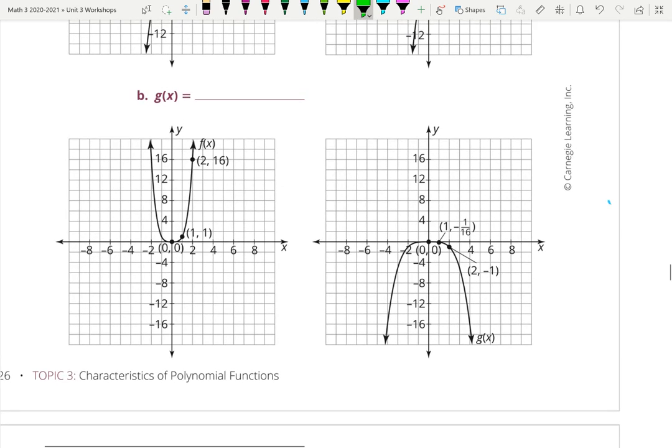Here we see something that looks reflected, and it also looks wider. This is my original. This is my image. So let's go ahead and see what happens. In the center, we see that it's the same. Now, I am going to go ahead and look, and I notice that it is reflected over the y-axis. So the graph is here. It becomes over here.